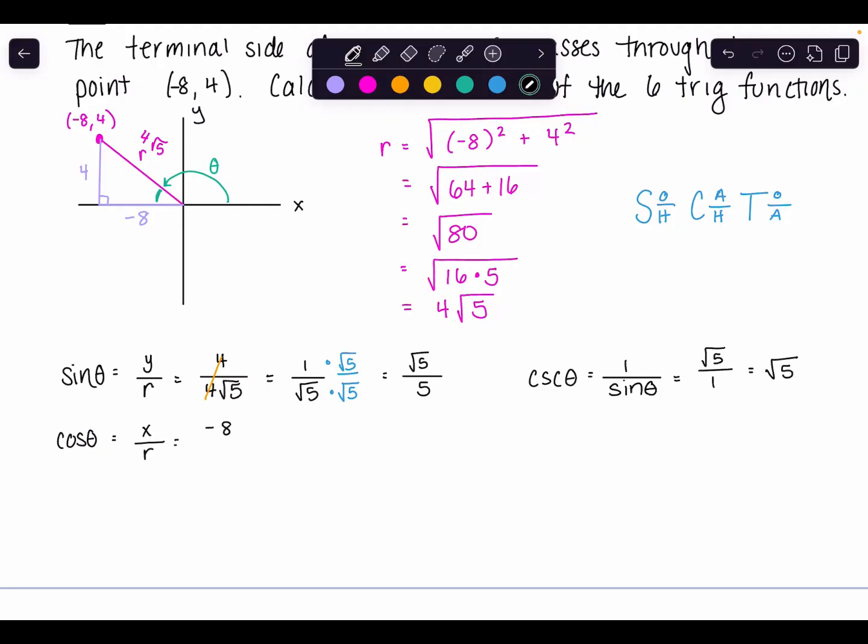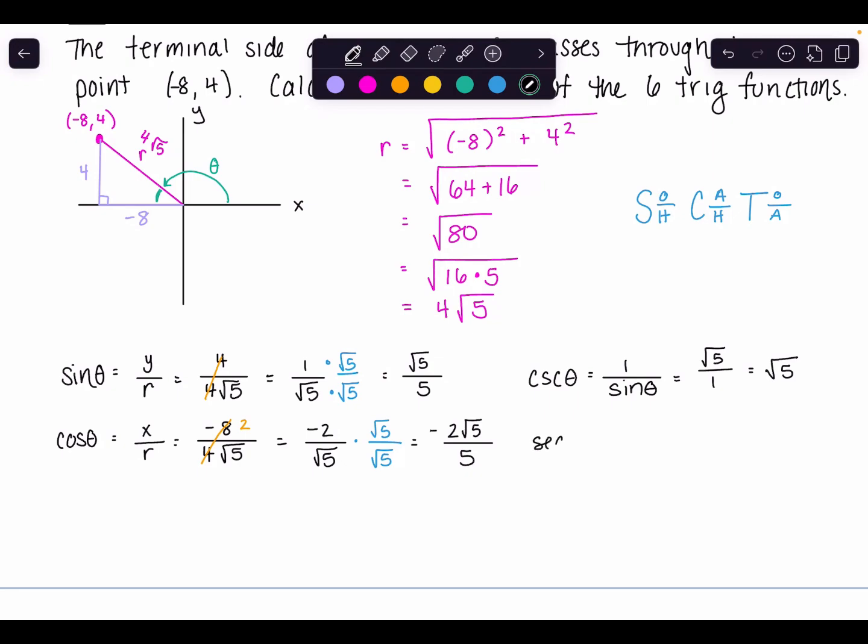My x value is -8, and again, my r value is the same. It is 4 root 5. So if I go to simplify this, 4 into 8 gives me 2. This is -2 over root 5. But I again need to rationalize it, so we multiply by root 5 over root 5. And our rationalized version is -2 root 5 over 5.